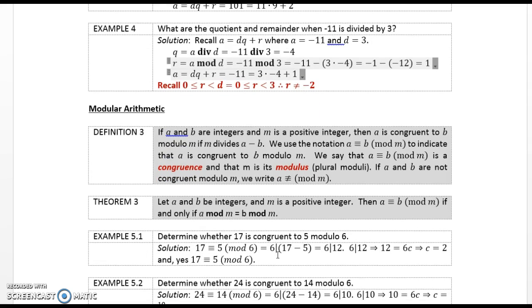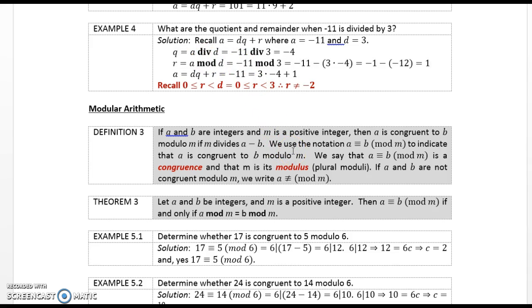Example 4. What are the quotient and remainder when minus 11 is divided by 3? q is equal to a div d, minus 11 div 3, which is minus 4. r is equal to a mod d, minus 11 mod 3.